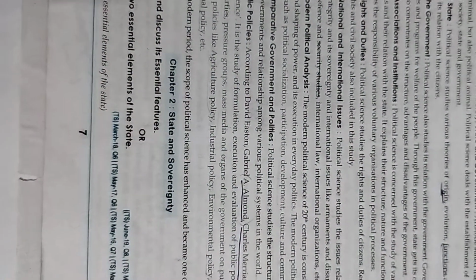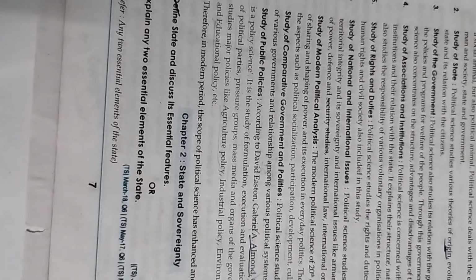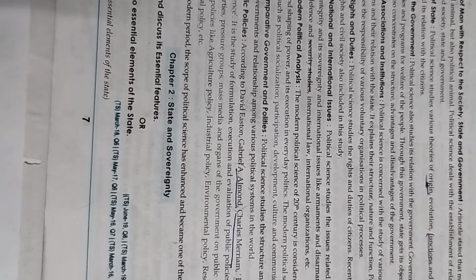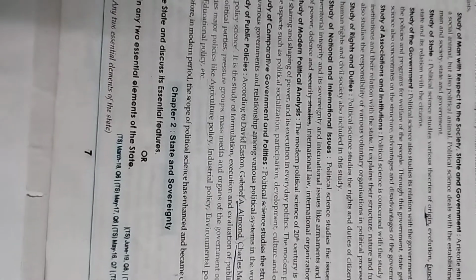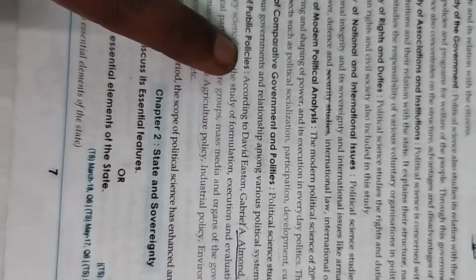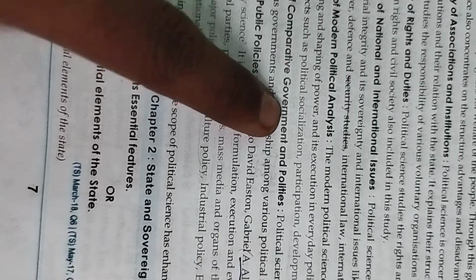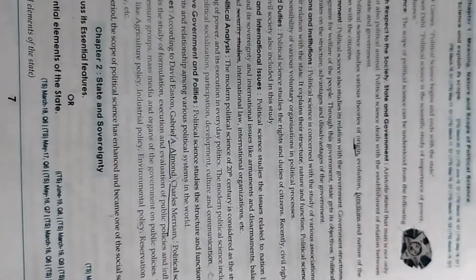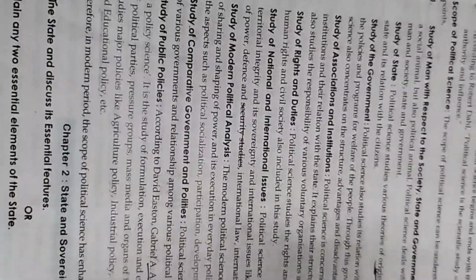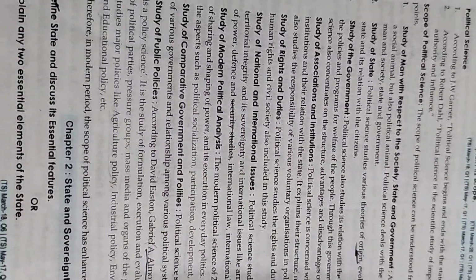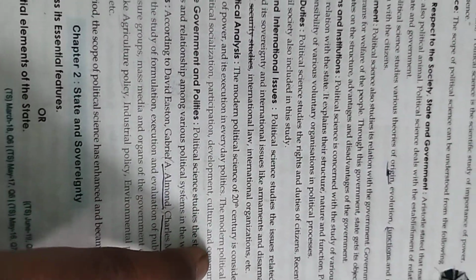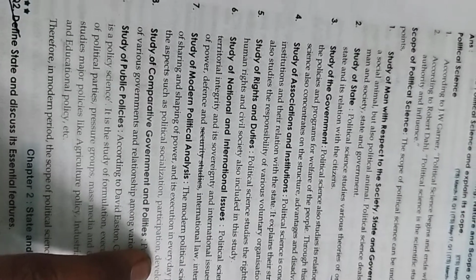The modern political science includes aspects such as political socialization, participation, development, culture and communication. Political science also concentrates on modern political analysis. A few examples are culture, communication, development and socialization.